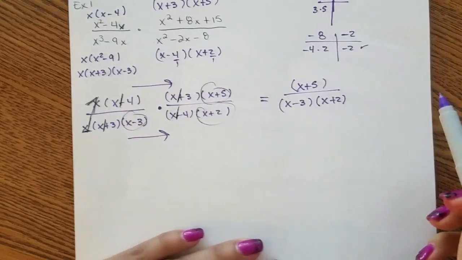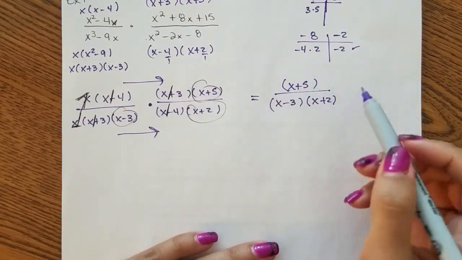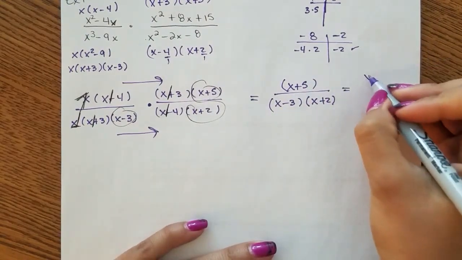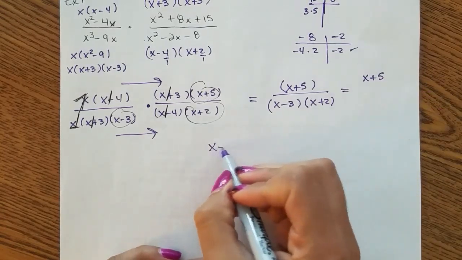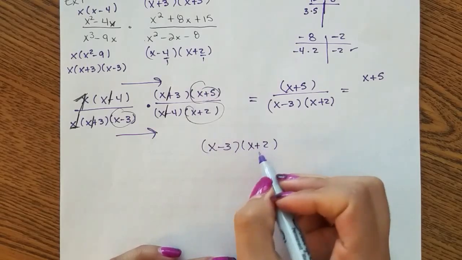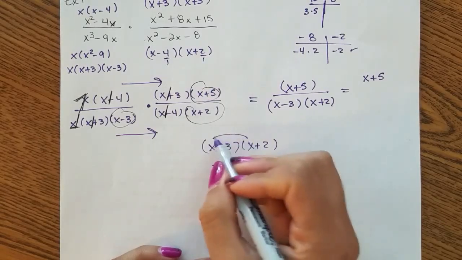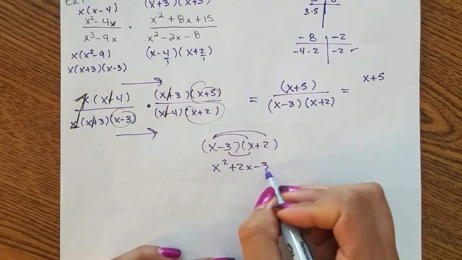So there you go. The last thing you need to do is FOIL. This will give you most of the credit here. So we're left with x plus 5 in the numerator. I'm going to FOIL down here so that it'll look nice. So x times x is x squared. x times 2 is plus 2x. Negative 3 times x is negative 3x.